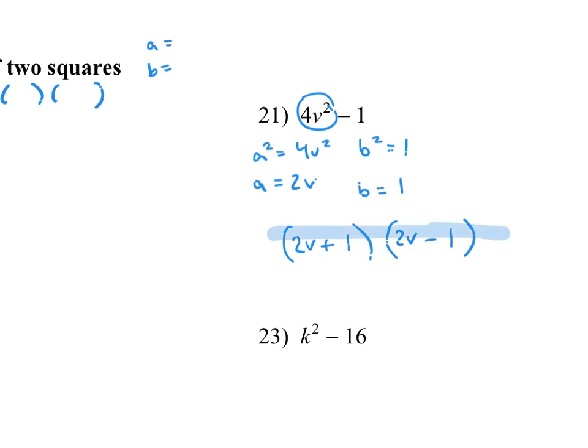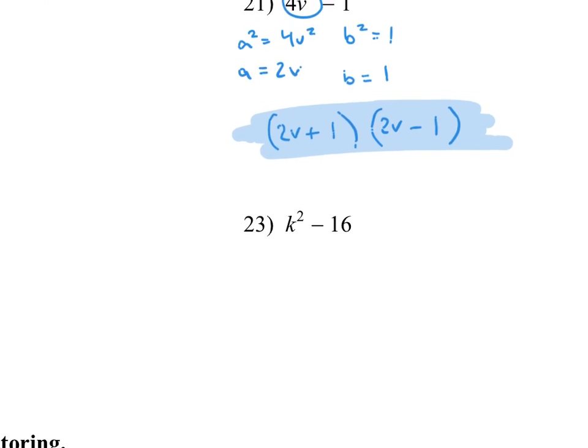Any questions here? Alright, 23. We have k squared minus 16. So a squared is equal to k squared. What's our a? Just k.